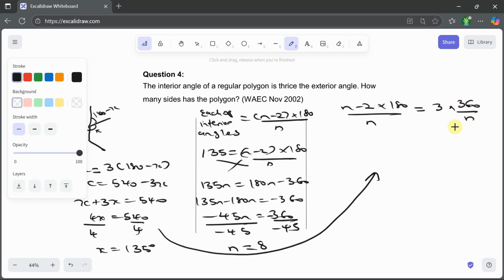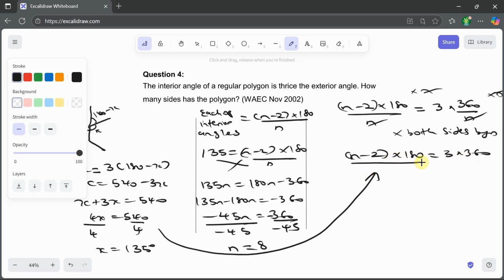This is divided by n, this is divided by n. I don't want to cross multiply, so this should be in brackets. If I multiply both sides by n, the n here will cancel the n here, and the n here will cancel the n here. So what I'll be left with is n minus 2 times 180 degrees is equal to 3 times 360.